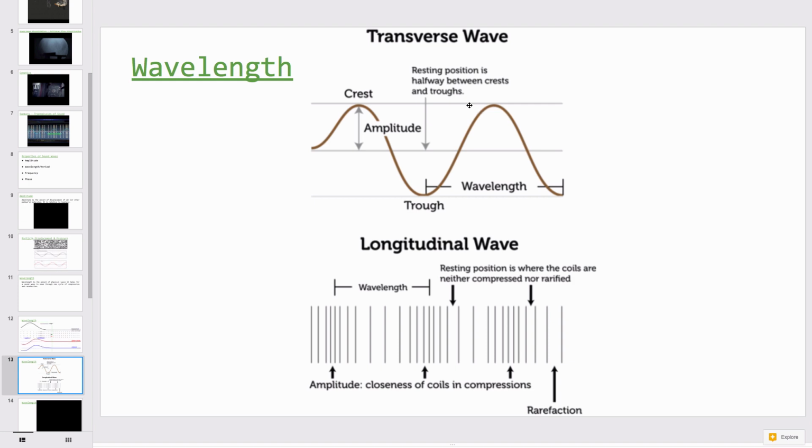Sound waves have amplitude: how much displacement is happening in the air molecules. And sound waves also have wavelength, so they take up a certain amount of space to go through their cycle. If this is the room, one wavelength goes from here to here, right?